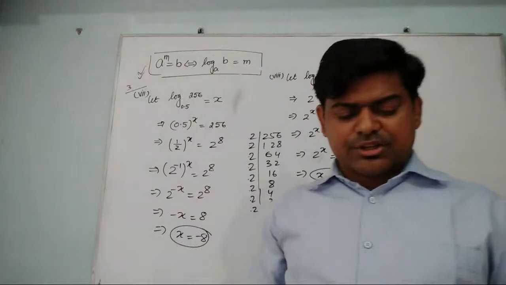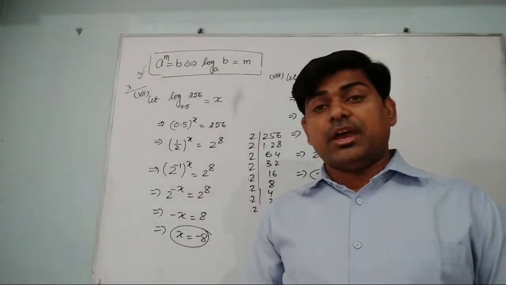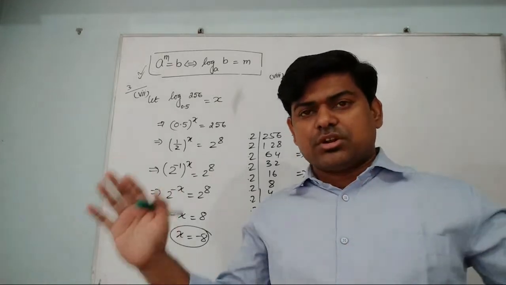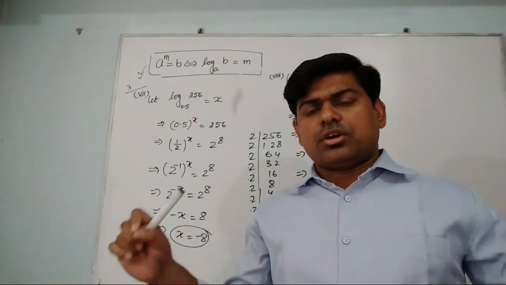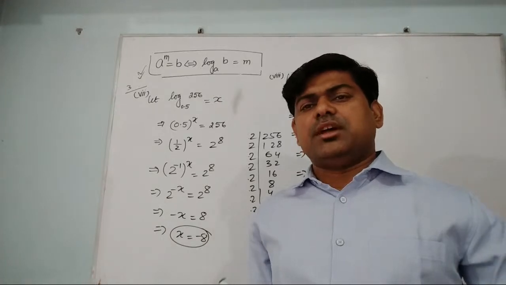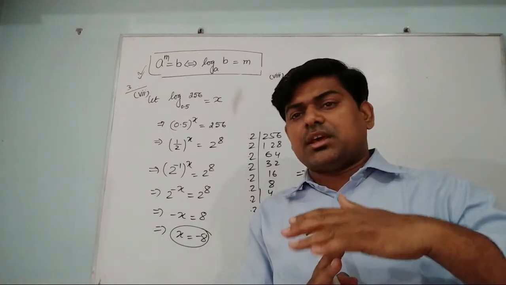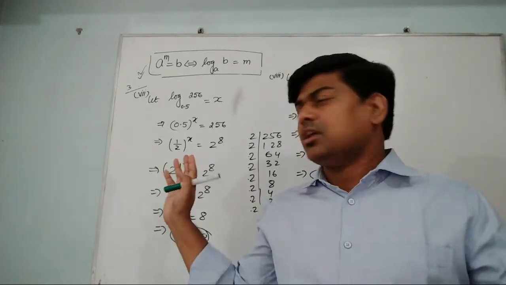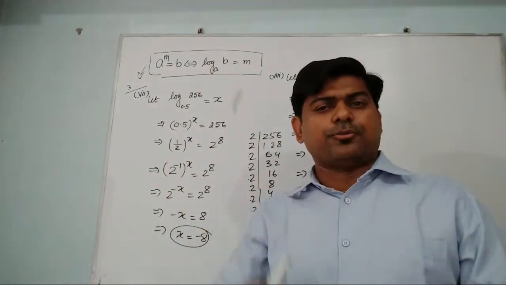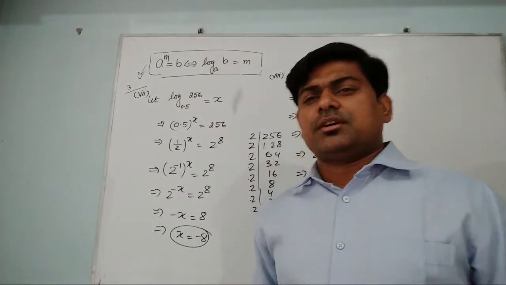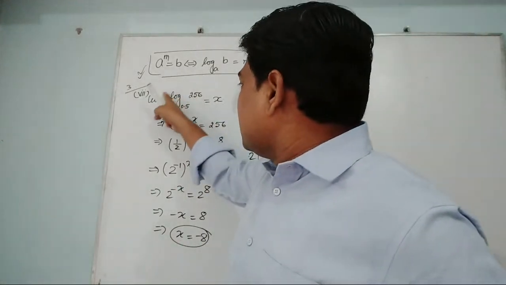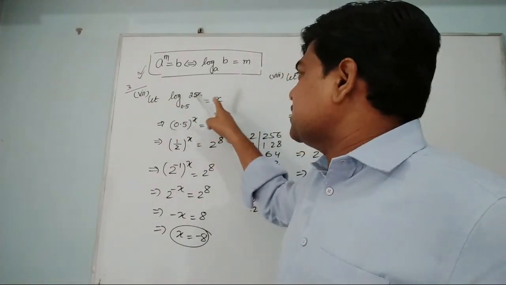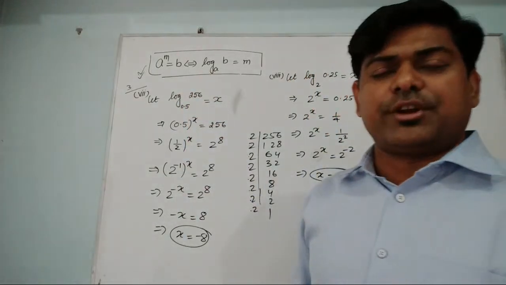Now I'm moving to the next one. As we got the value of x after assuming, a logarithm expression was given, and that logarithm was taken equal to x, and then we tried to find the value of x. But now I'll have some questions where one logarithm form will be given, and out of these three, one will be an unknown quantity.